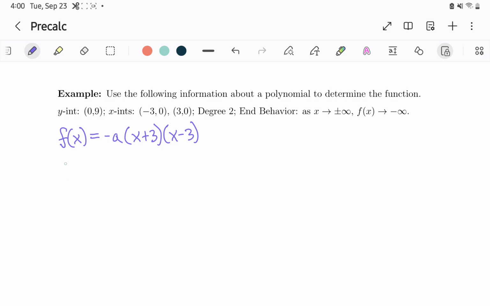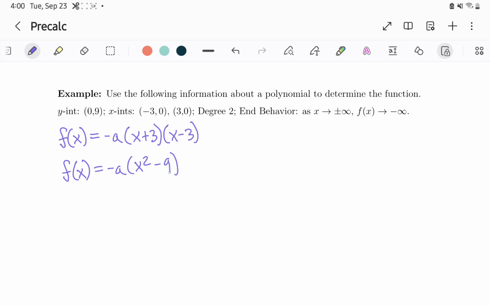We can see that if we just multiply out our two binomial factors. So we're going to have f of x equals minus a, and then we'll have x squared plus 3x minus 3x, so those guys will cancel out, and then we will just have minus 9.